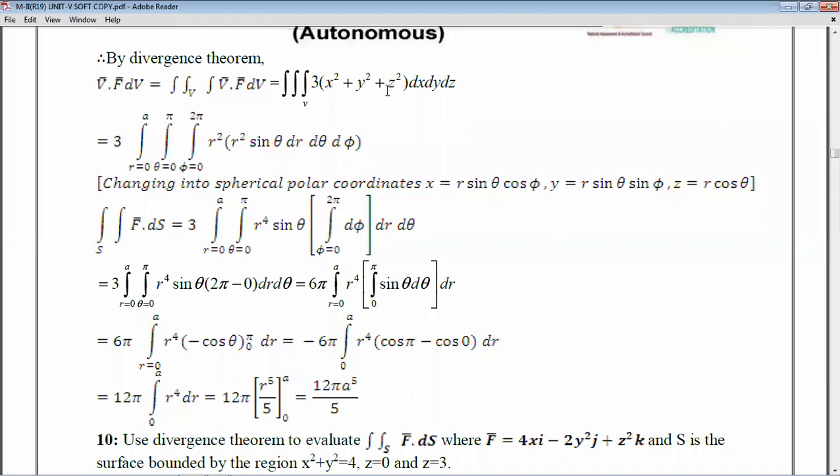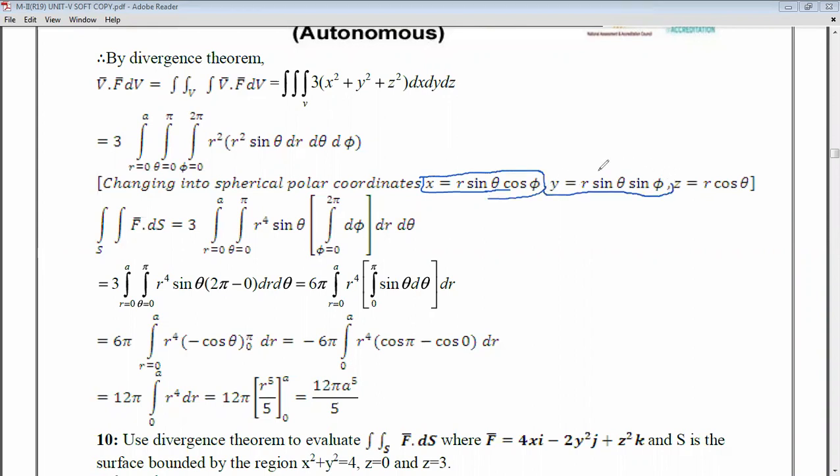We know that. So we are going to convert this into polar form. This is in Cartesian form, and polar form is x equal to r cos theta and y equal to, but here it is three-dimensional, so we need to use spherical coordinates. These are the spherical polar coordinates: x is equal to r sine theta cos phi, y is equal to r sine theta sine phi, and z is equal to r cos theta.